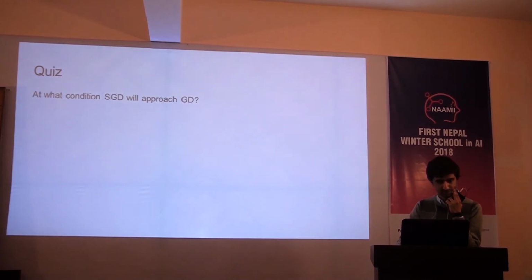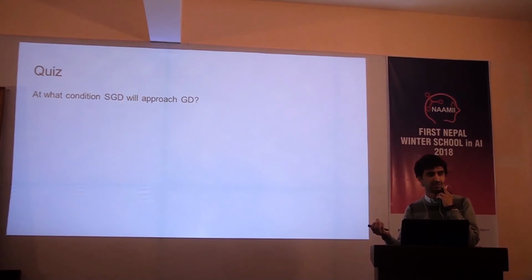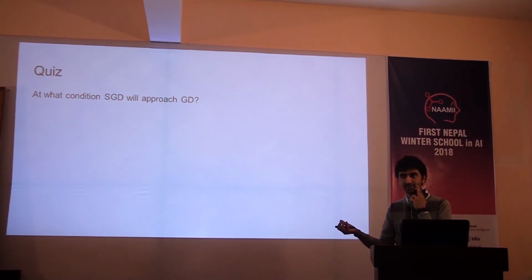So one quiz in the end. We talked about optimization some days ago. So I was just wondering, can you tell me under what condition stochastic gradient descent will act like gradient descent? You already studied this.